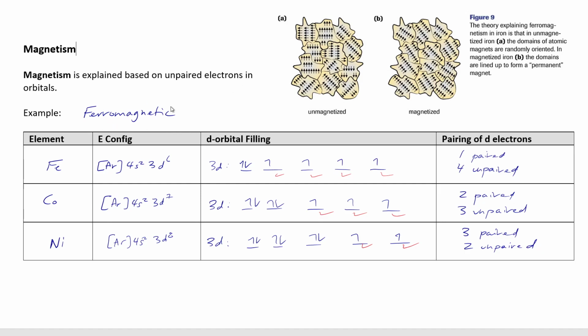In these ferromagnetic substances, the magnetic properties of elements are a result of unpaired electron spins. So, magnetic properties are the result of unpaired electron spins.